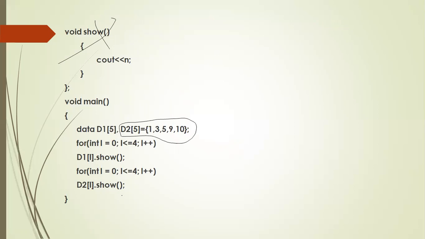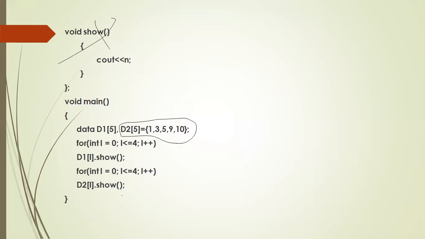Because here what happens is we are having 2 arrays of objects, D1 of 5. That means it creates 5 objects named D1 of 0, D1 of 1, D1 of 2, D1 of 3, D1 of 4. Again, D2 within the square bracket 5 means it creates another 5 objects represented as D2 0, D2 1, D2 2, D2 3, D2 4.